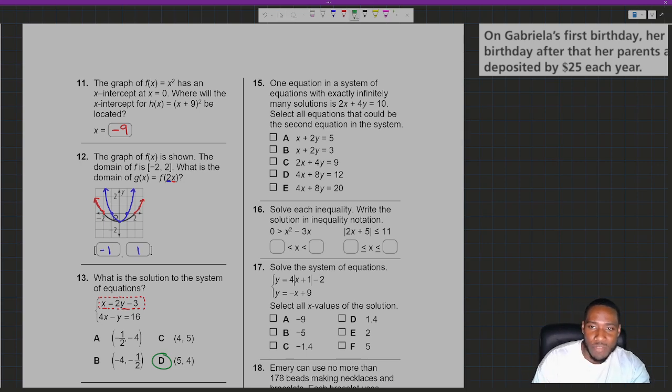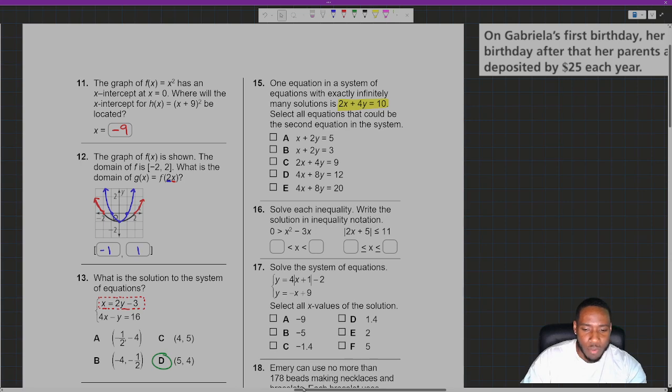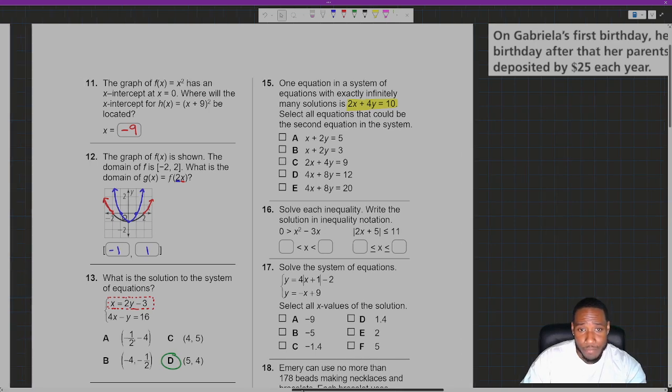The equation that we're given here is 2x plus 4y equals 10. And so if we're looking for equations that have infinitely many solutions when compared to this one, all we're looking for is which equations could we make look exactly like this one. Okay? And so I'll give you an example of what that could look like or couldn't look like. Go over here.